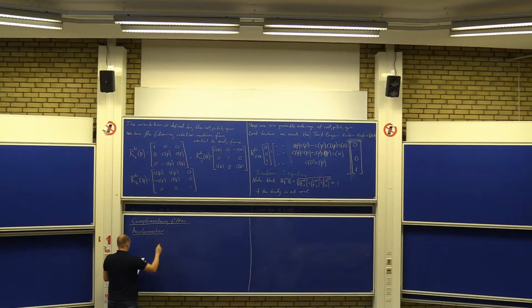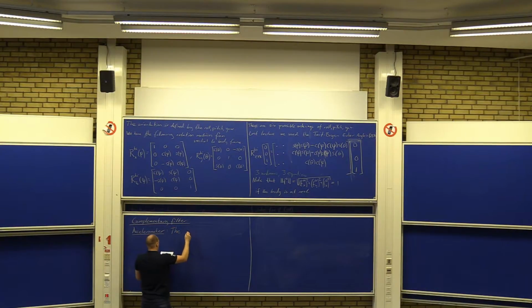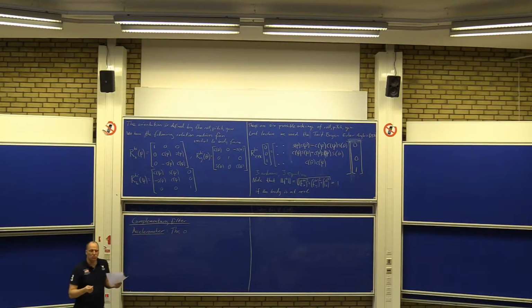The estimations we get from the accelerometer are noisy, meaning that they are affected by the body's acceleration as well, right? But they are accurate over a long time. So they are correct on average. They are not sensitive to drift in the same way as the gyro is.